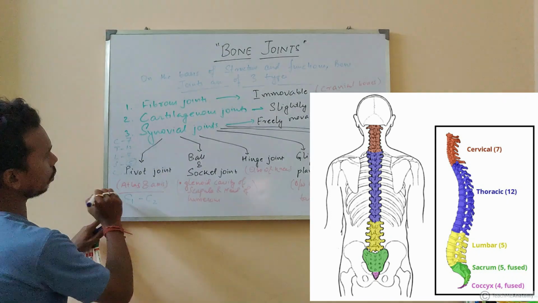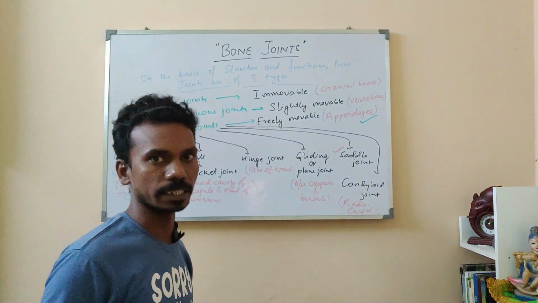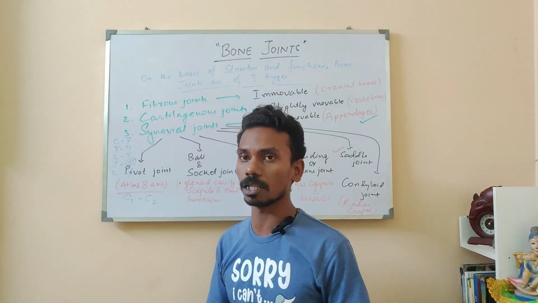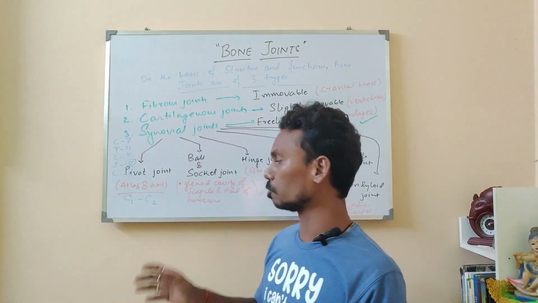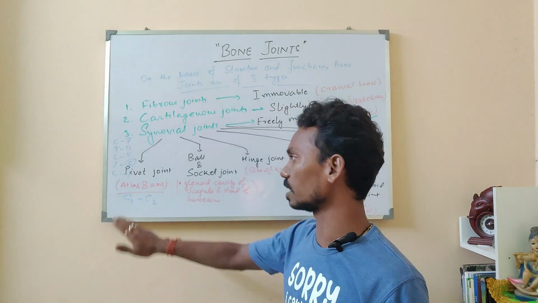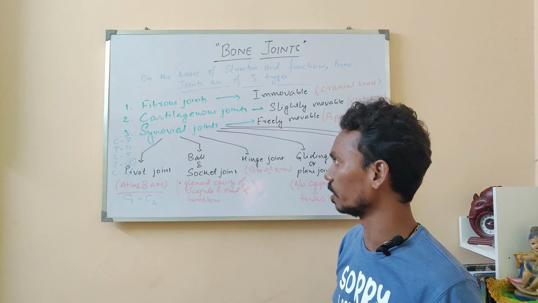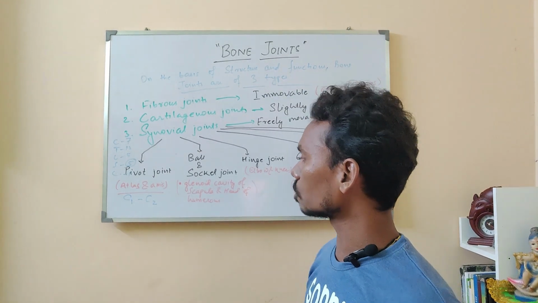The sacral bones are fused basically. Among the 7 cervical bones, C1 and C2 are named atlas and axis respectively.